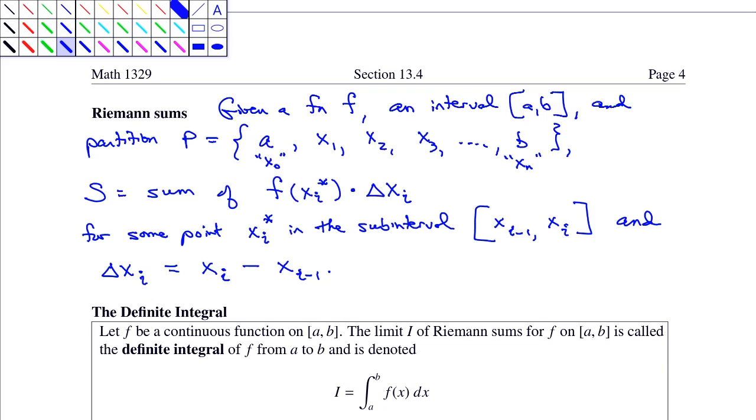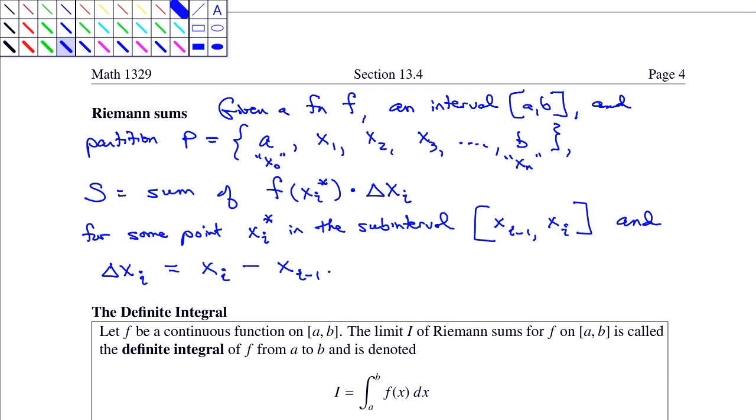Here we've opened this up. This is delta xi. I have to put an index on this because there's no guarantee that the partition is regular. So the delta xi is just the length of the subinterval. It's the right endpoint minus the left endpoint of the subintervals. That's all it is. And then what do you do with the areas?